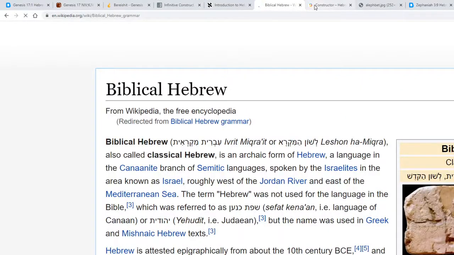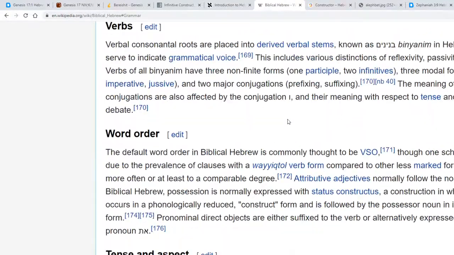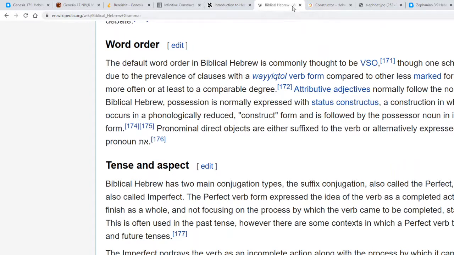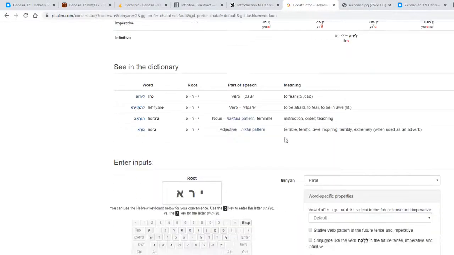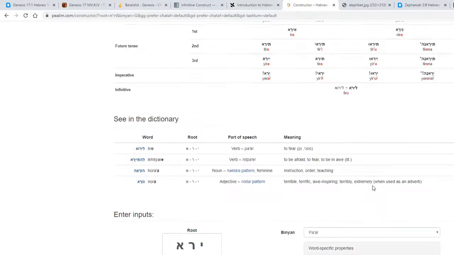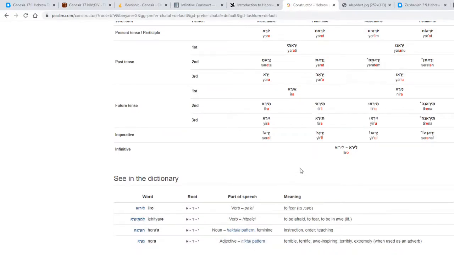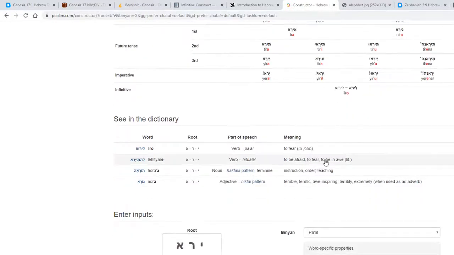And then the constructor, I really like this website, especially when I'm trying to find out the root of something, whether or not I agree with what the three-letter root is and which form it's in. They also have their dictionary and stuff. I like it.